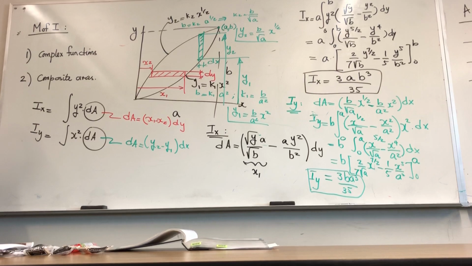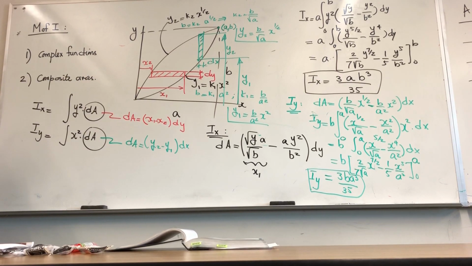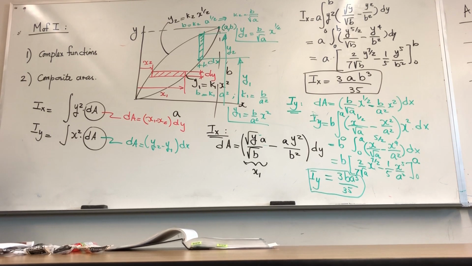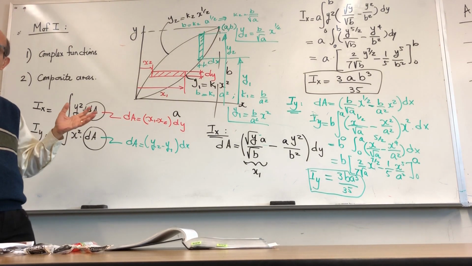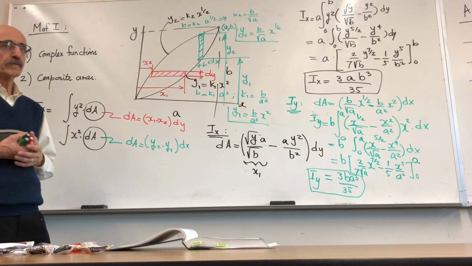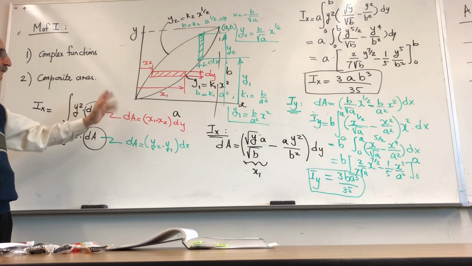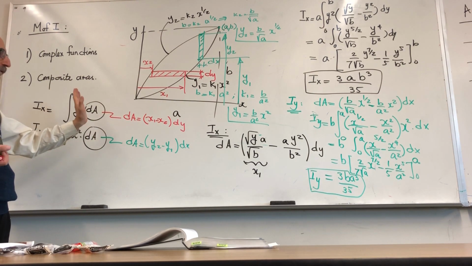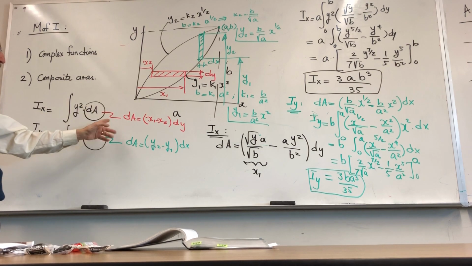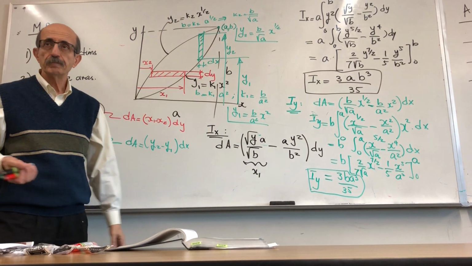So for the case of general shapes given by the intersection of two curves or three curves, it doesn't matter. You may have more than two functions. All you need to do is set up the dA, see how you can relate that to the functions given.